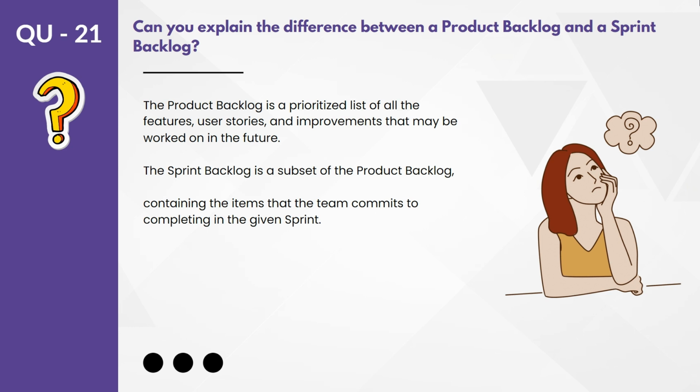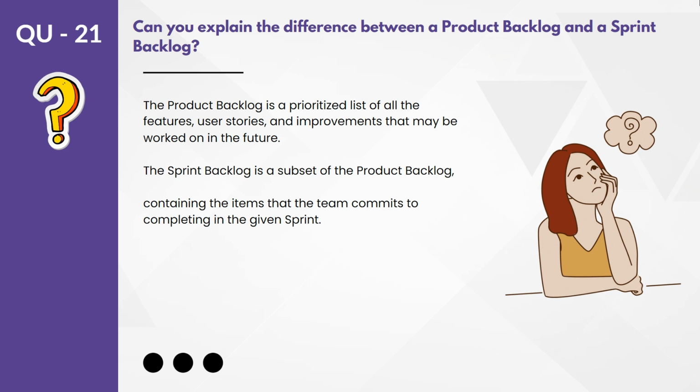Whereas the sprint backlog is a subset of the product backlog, containing the items that the team commits to completing in the given sprint. So, what all work I have to do during the development of the product? I make a list starting from point 1, 2, 3, 4, 5, whatever is the count. That is your product backlog, because that has the list of all the stories which will be worked upon to complete the product.